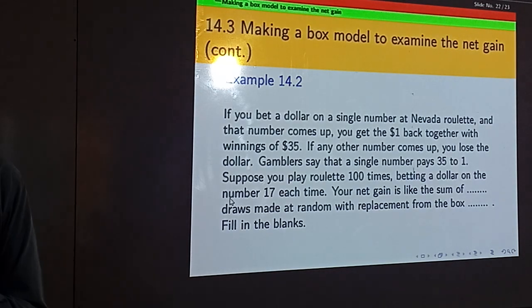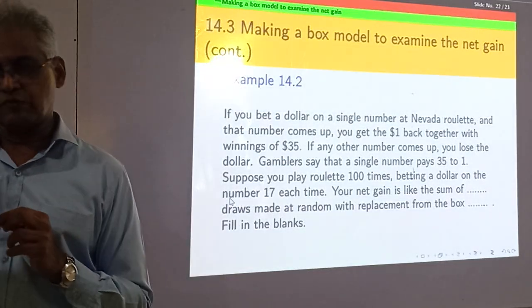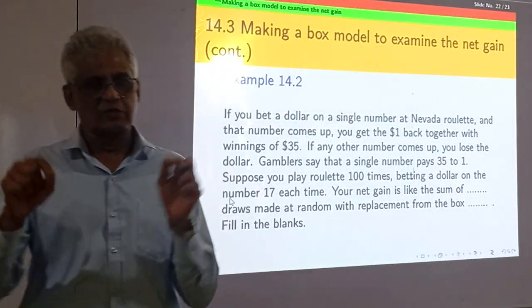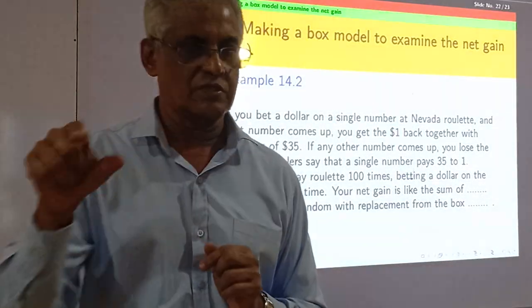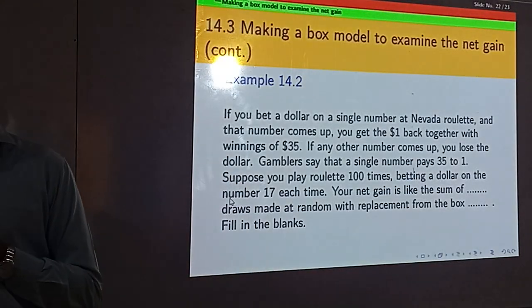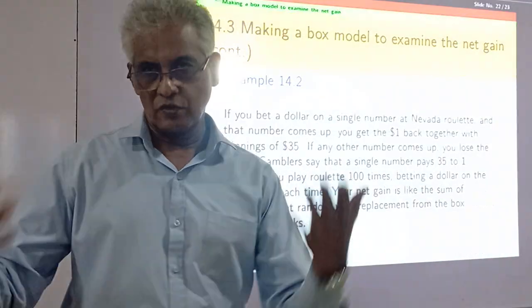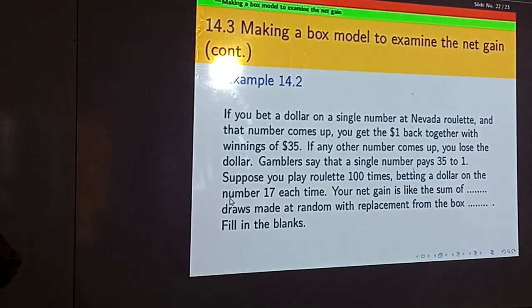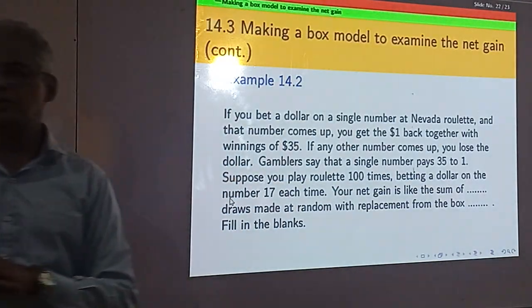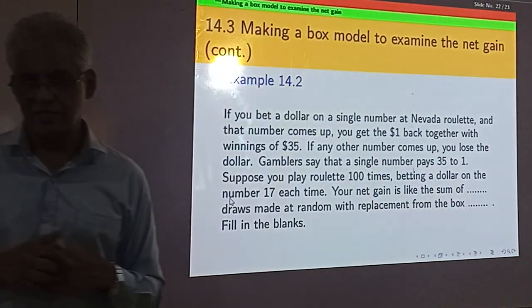So you are going to look at what will happen after 100 times. What are the possibilities? Either you win 35, so one type of ticket is 35, right? On that ticket, there should be 35. On the other one, -1. Those are the two possibilities. But what are the chances of that happening? The chance of getting $35 is only 1 out of 38.